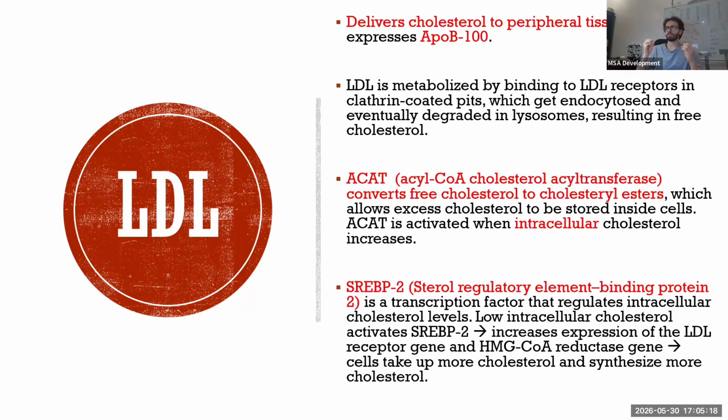When the cholesterol levels get too low, this transcription factor, SREBP2, will be activated. What will this activation lead to? It will lead to increased LDL receptors to take more cholesterol. It's only activated because the cholesterol in the cell is too little. So we're going to activate the LDL receptor to take in cholesterol. That's one. And two, activate the HMG-CoA reductase gene to make more cholesterol.